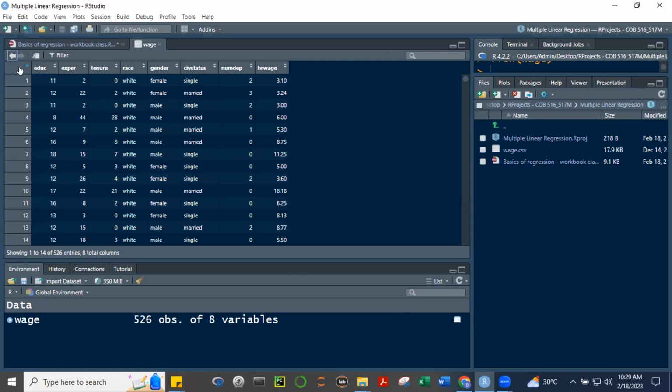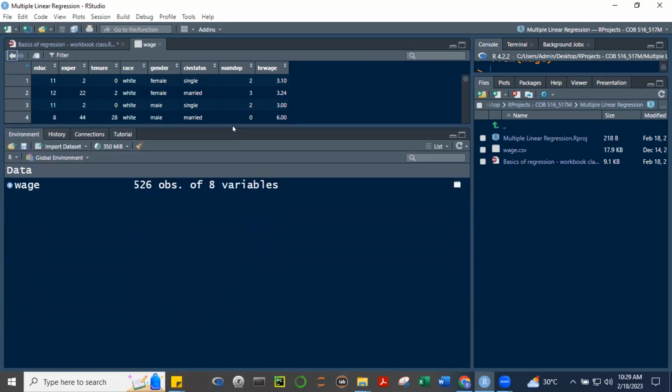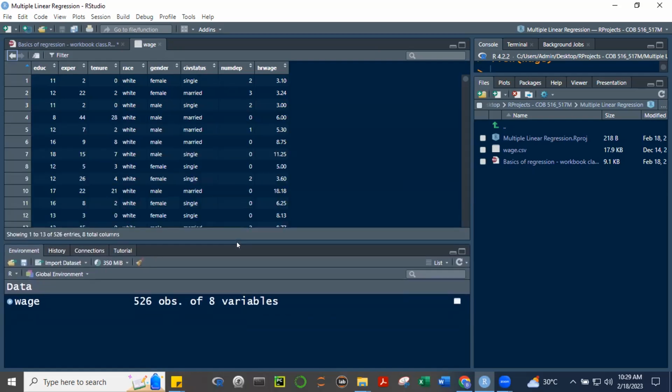So you have education, experience, 8 columns. 1, 2, 3, 4, 5, 6, 7, 8. 3 of which are character, which we can use as categorical variables, kasi they can be used to classify our observations. Race, gender, civil status. And there are 526 observations. Okay, class? Any questions so far about our data?